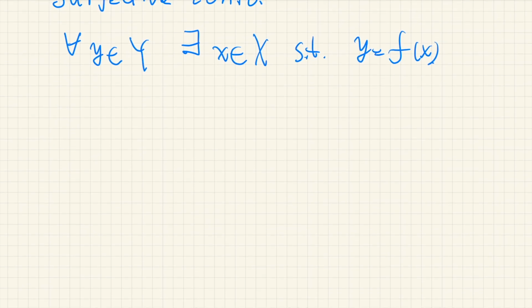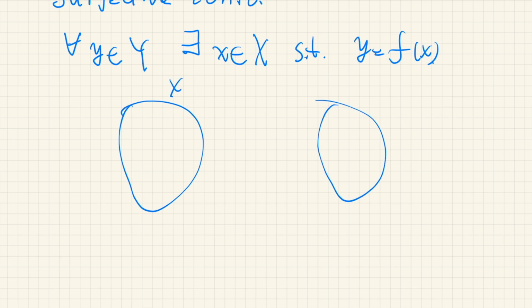In a general map, we have X and Y. So for every element in X, we have some correspondent element in Y, right?